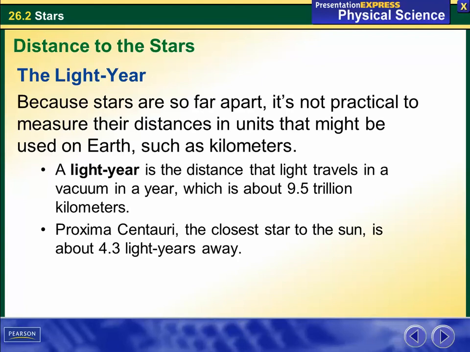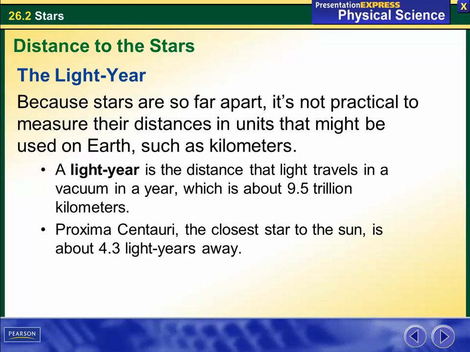Light would travel in a vacuum, meaning uninterrupted by anything. When something happens in a vacuum, it means completely by itself. There are no outside forces bending or stopping the light, unlike when you shine a flashlight against a wall and the wall stops the light. A vacuum is as if light could travel forever without anything getting in its way, and it would move 9.5 trillion kilometers in a single year.